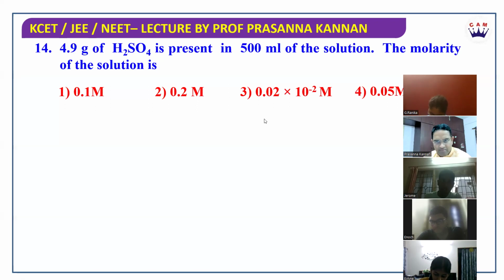4.9 grams of sulfuric acid in 500 ml. What is the molarity? Why so much time?